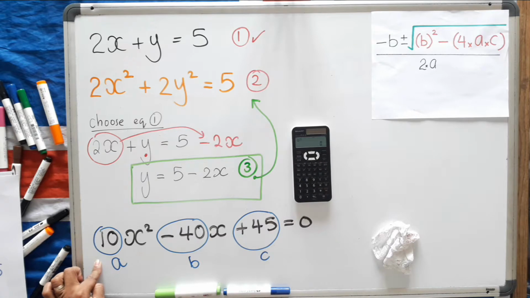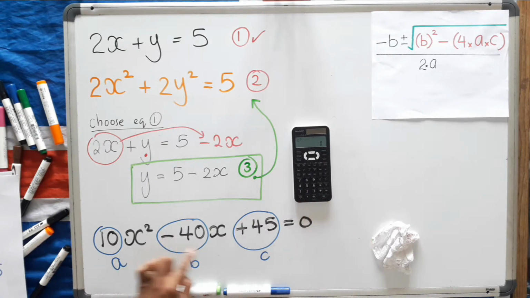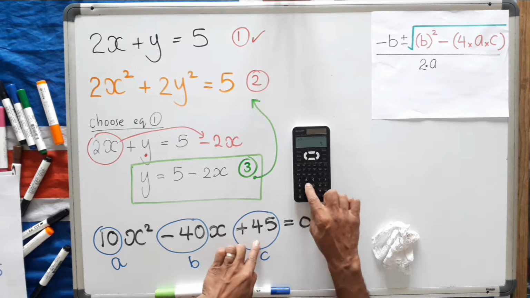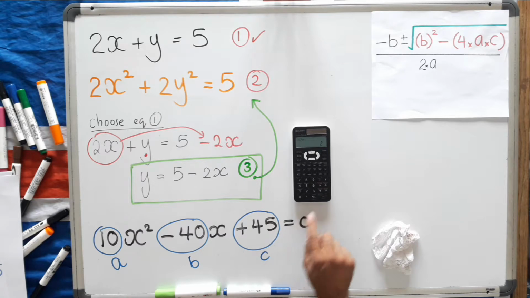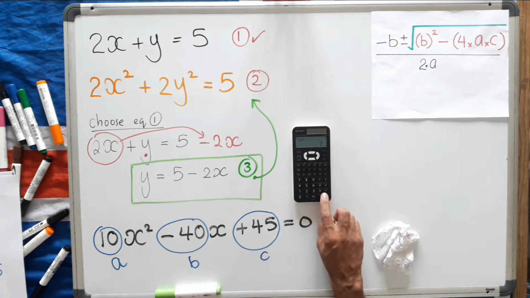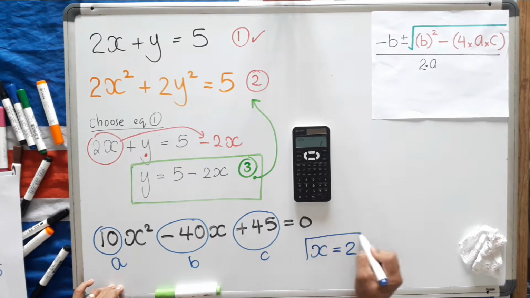Then it will ask you for the value of b. b is negative 40. Press equal. You will see c, 45. Press equal. Your first answer is 2. Press equal again. And then we get 2. Both answers are 2. So when we solve for x, we get x as 2. 2 and 2. But we only have to write it once.